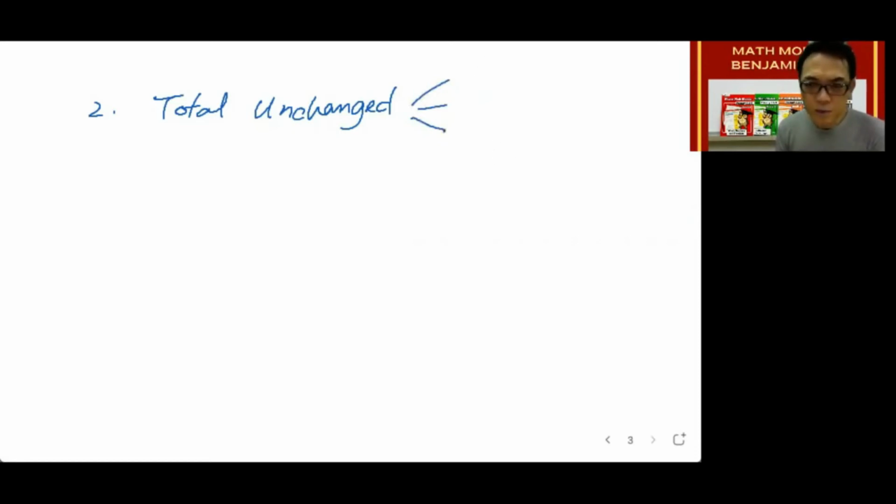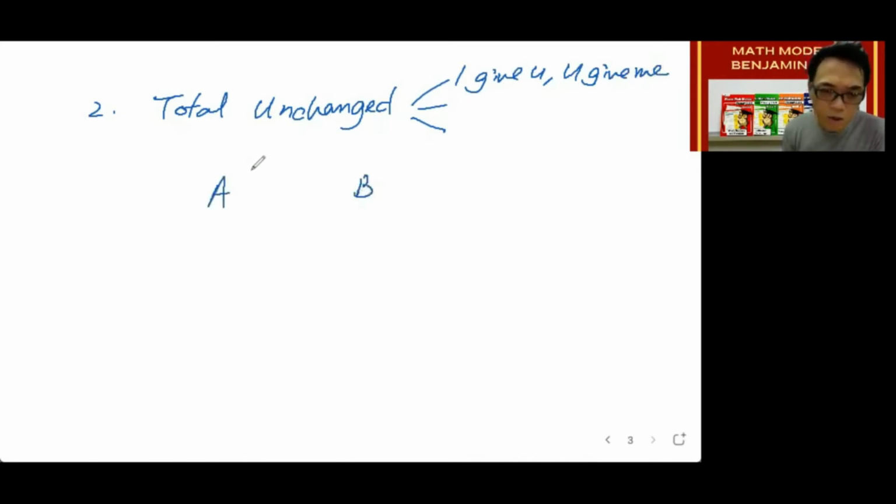The first category of total unchanged questions will be what I call the I give you, you give me question. Generally, questions like this is where two parties, A and B, will be giving or losing and winning each other's share.